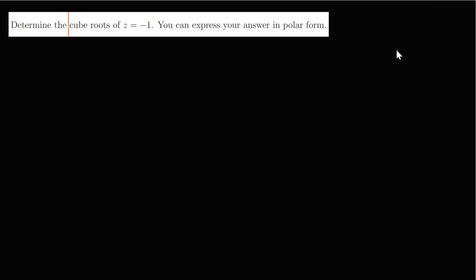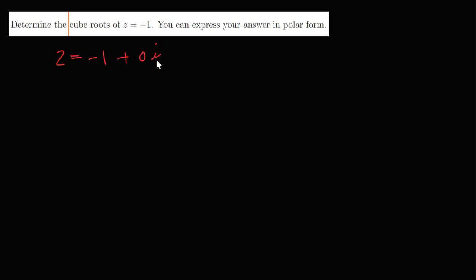Now we have another problem, and in this problem they're saying determine the cube root of a complex number z. z is equal to negative 1. So let me write it in the proper manner that you always say it. It's going to be 0 real part. Oh, we have negative real part plus 0 imaginary part.